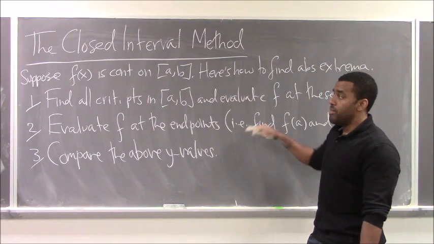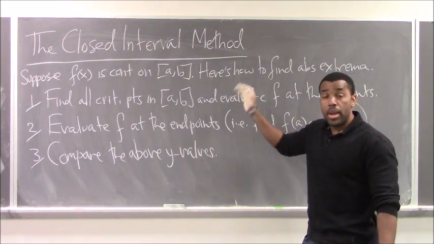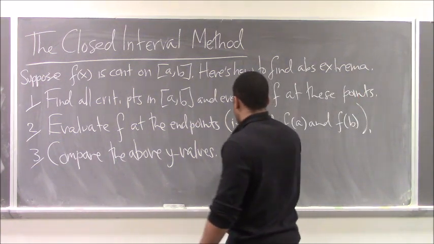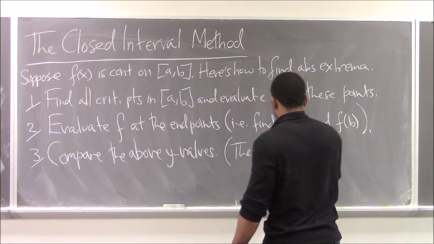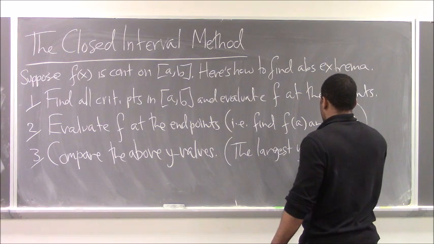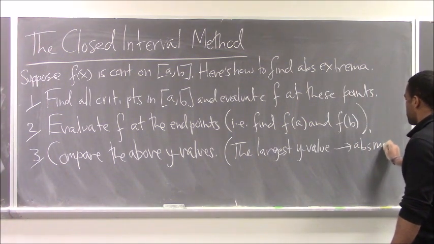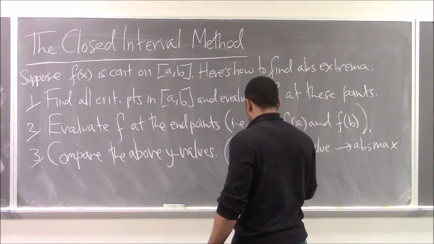So you'll have 2 y values or perhaps more based on step 1. You're going to compare all the y values, and that's pretty much the last step. The largest y value, well, that's your absolute max. And the smallest y value is your absolute min.